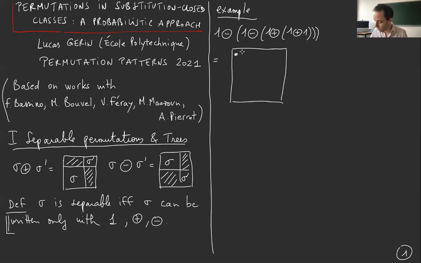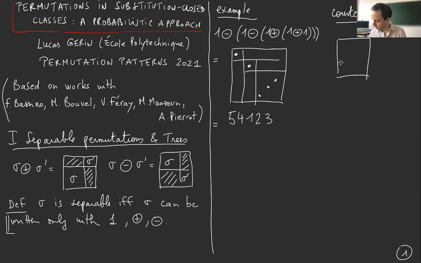So this is 1 minus 1 minus 1 plus 1 plus 1, which is 5, 4, 1, 2, 3. And the counterexample: 2, 4, 1, 3. You can check that 2, 4, 1, 3 is not separable.